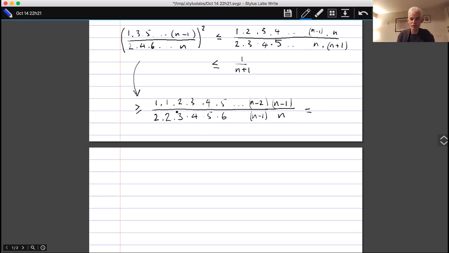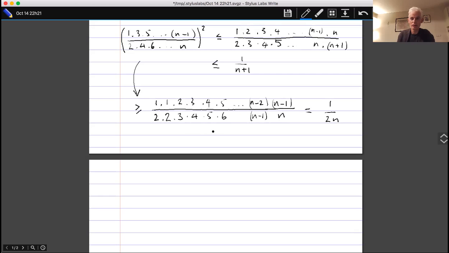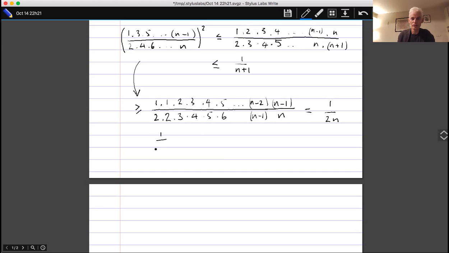So the only things that didn't cancel were that 2 there and that n there. So that's 1 over 2n. And so finally, what I've proved is that 1 over the square root of 2n is less than or equal to 2 to the minus n, n choose n over 2, is less than or equal to 1 over the square root of n, or if I really want, 1 over the square root of n plus 1.